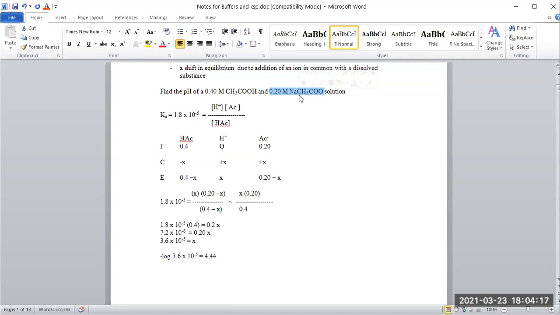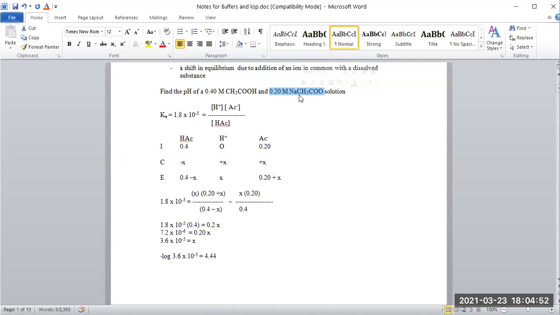So I'm going to delete the plus X and the minus X from my equilibrium line. And so you can see where I wrote it one way first, and then I approximated it to do my shortcut. I originally wrote it as X and 0.2 plus X on the top and 0.4 minus X on the bottom. So I'm gonna delete the ones that are added and subtracted. You do have to have an unknown, so you can't delete the other X.